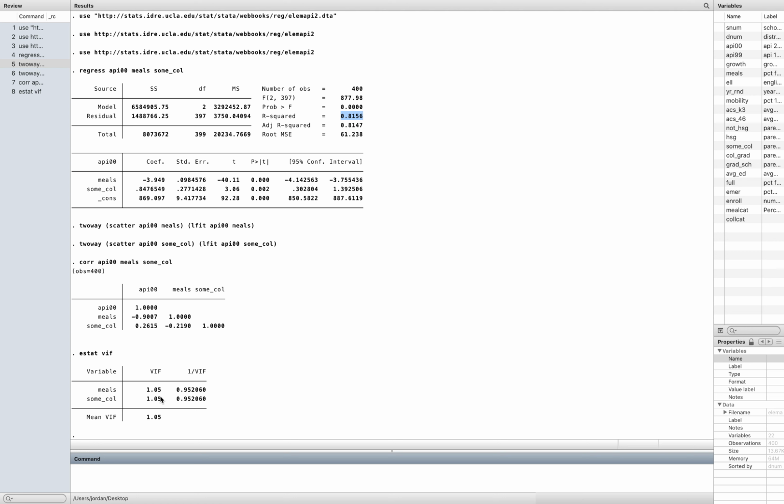Here it is very much less than 4, it's 1.05. So you're fine here. You met the assumption of multicollinearity.